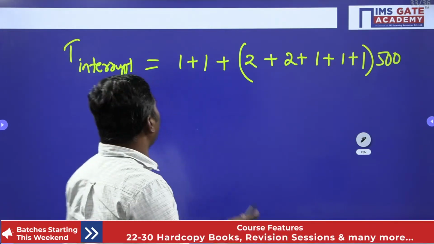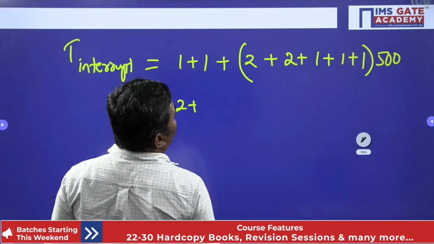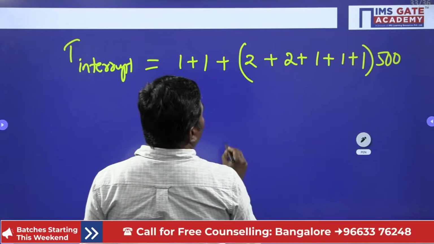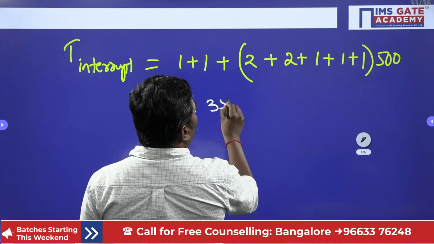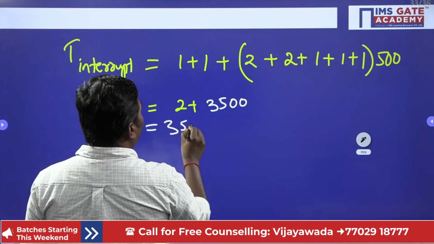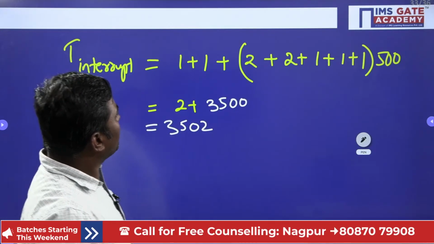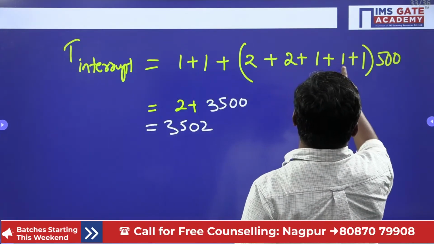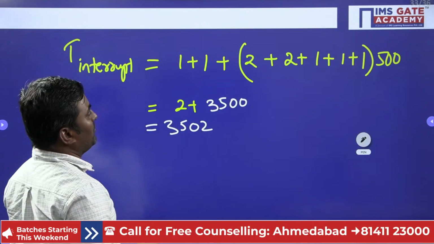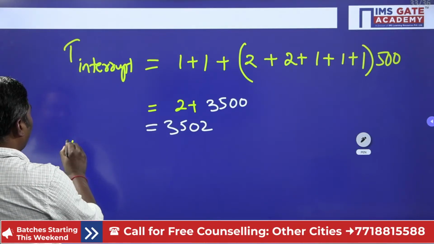Now 1 plus 2 plus 1 plus 1 plus 1, this value will be how much? 7. So 7 into 500 is 3500, plus 2, 3502, right? 3502 only.